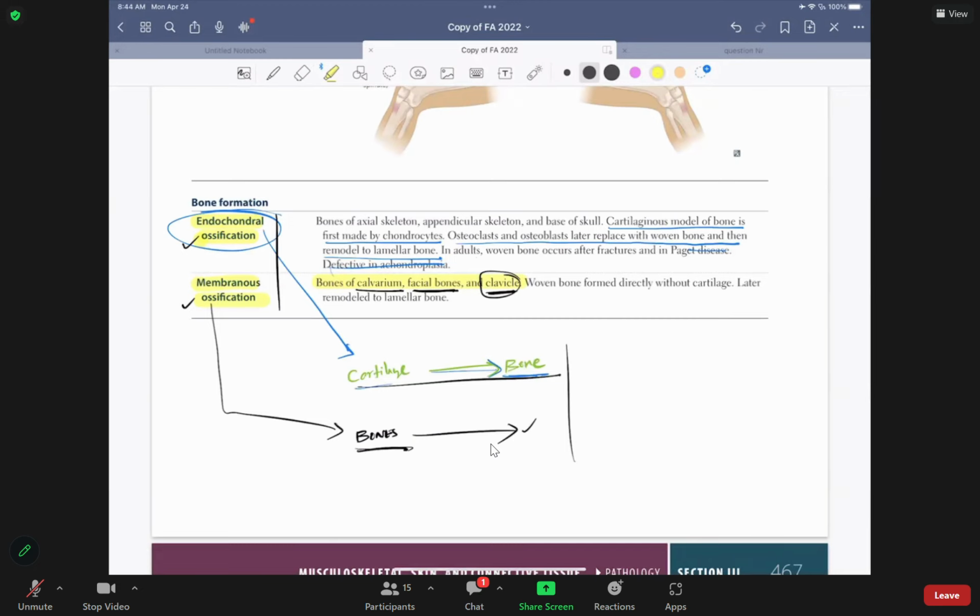There are diseases, we're going to talk about them. Some diseases affect endochondral ossification, some affect membranous ossification. Is everybody clear? Chondrocytes only work on making the cartilage. Chondrocytes are the cells of cartilage. Okay, that's the idea, folks.